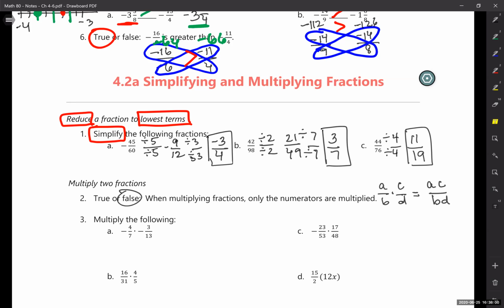Okay, so looking at these problems, I see on this first one, we have 4 over 7 times 3 over 13. And the rule is you can simplify any numerator with any denominator. So in example 1, we just had the only one numerator and denominator, and we talked about how to simplify those. Well, now that we have two fractions, we can actually reduce any numerator with any denominator.